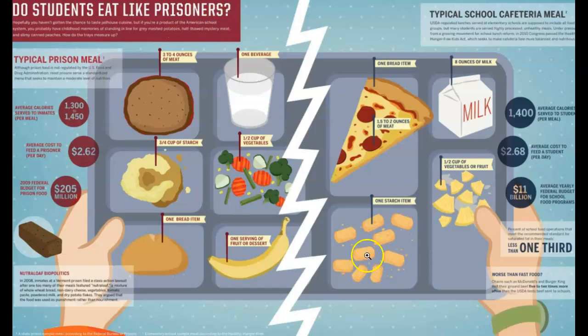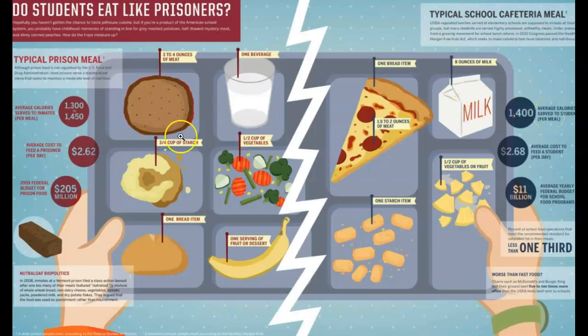Or you could make the claim students and prisoners really don't eat the same. So you would have to answer that question. And then you would use bits of information from here to back it up. So if I said, okay, I think students do eat somewhat like prisoners, that's my claim.